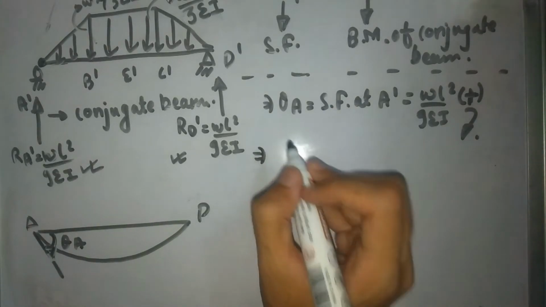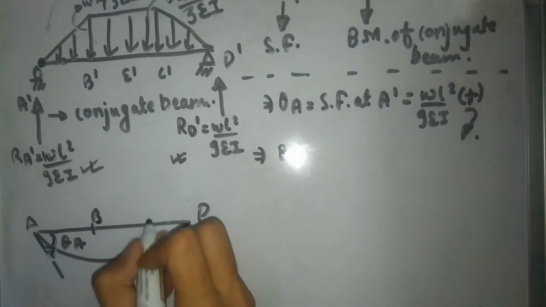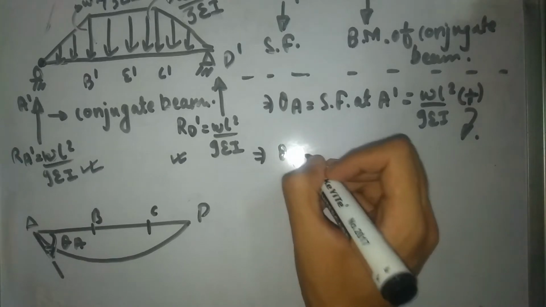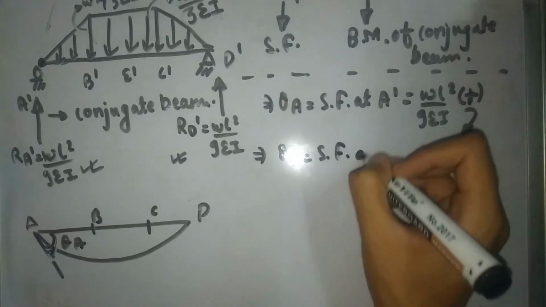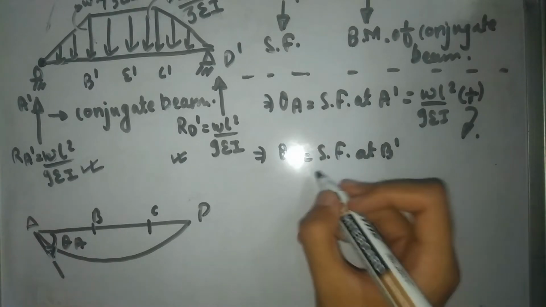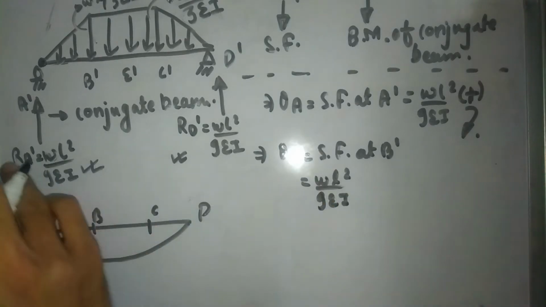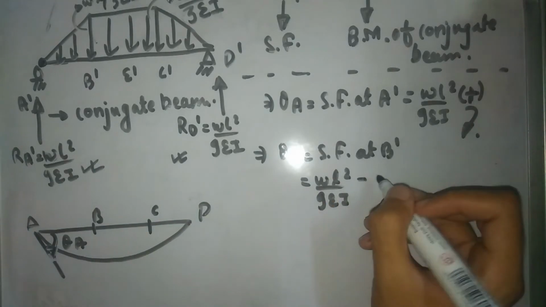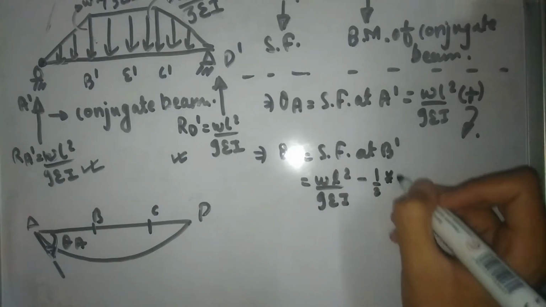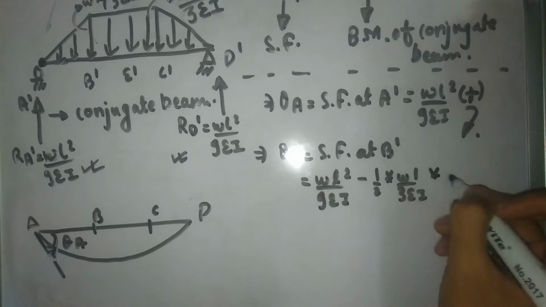Next we're going to calculate the slope theta B. This is going to be my B, this is my C. Theta B simply means the shear force at B dash, and the shear force at B dash is equal to WL square by 9 EI minus 1 by 2 into WL by 3 EI into L by 3.